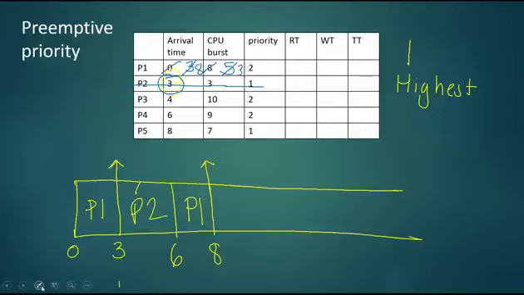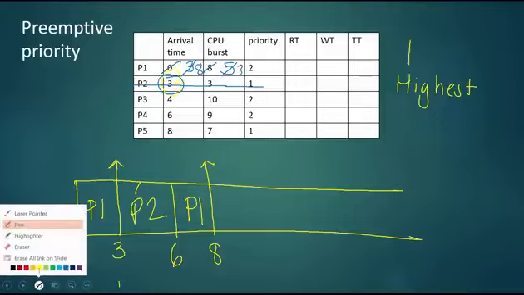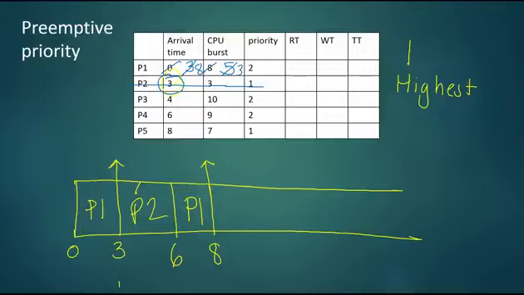So now the current time is 8, and we have the arrival of this high priority here, P5. So P5 is going to go, and we can see by looking at this table here that P5 is the only high priority one left. So P5 is going to finish its entire CPU burst until time 15.